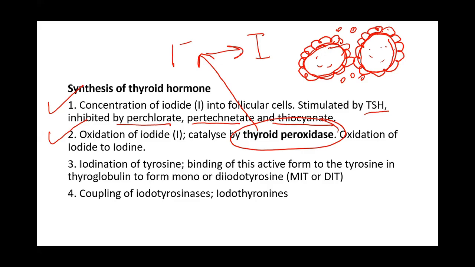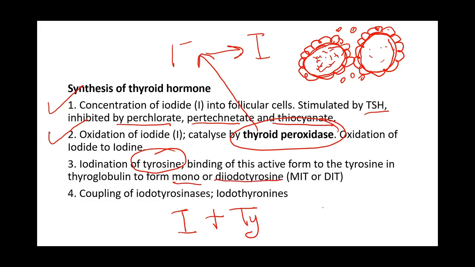toxicosis. Okay? Now, the next step is the iodination of tyrosine, an amino acid. Now, the next step is iodination, combination of this iodine and tyrosine. Okay? Now, binding of this active form, that is the iodine, to tyrosine within the thyroglobulin forms mono and diiodotyrosine.